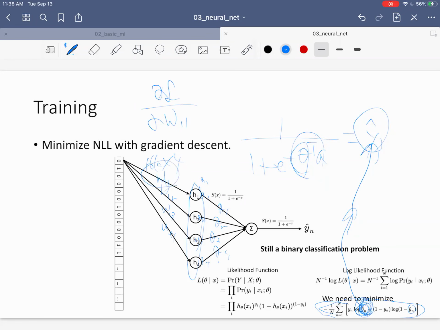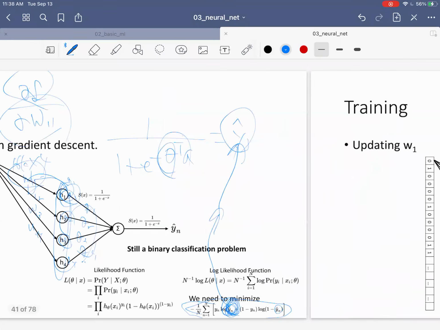It's hidden somewhere inside. Your y hat is determined by A's and thetas, and the A's are determined by the W's. So you can't directly differentiate your loss function with respect to W. So you need to apply the chain rule, right?